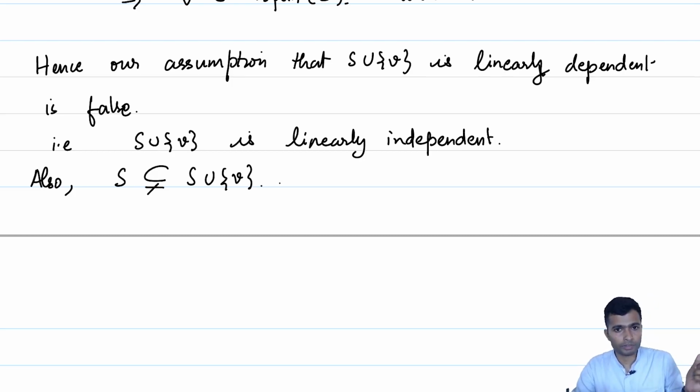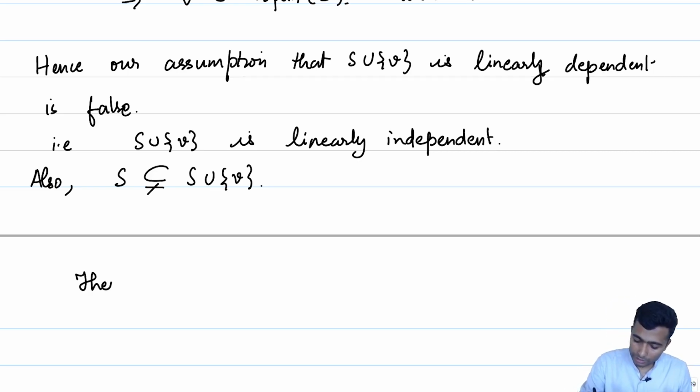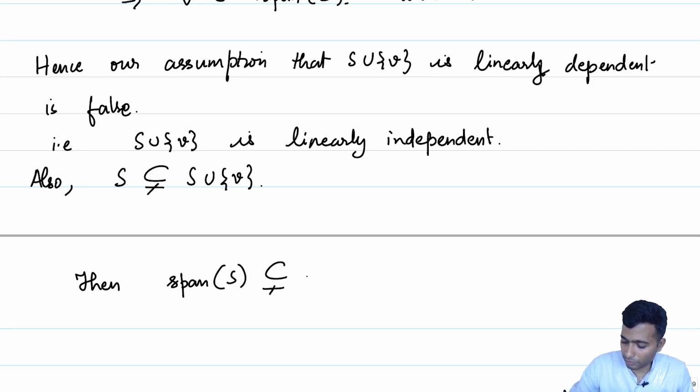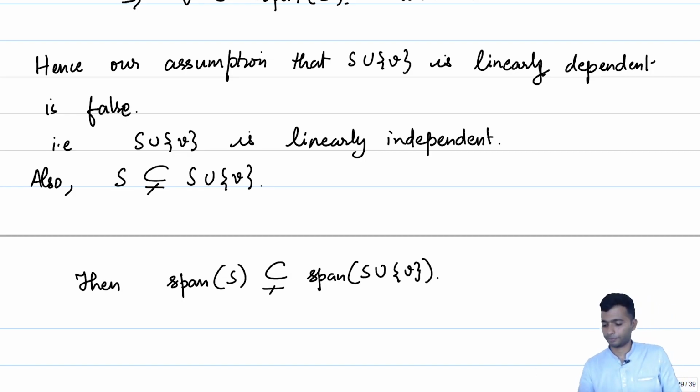So, if you knock off one element from a linearly independent set, by the theorem from the previous session, span of S is a strict subset of span of S union V. And that completes our proof.